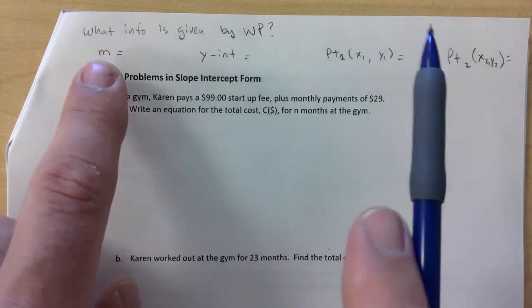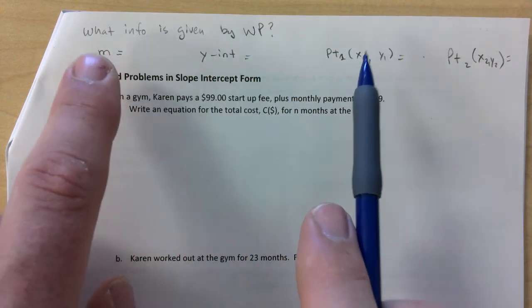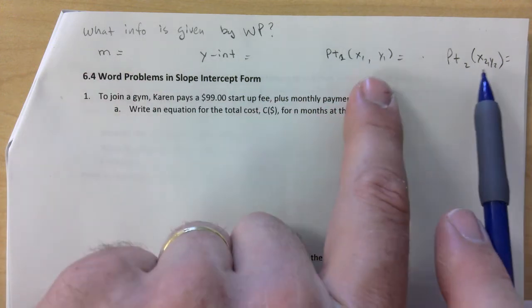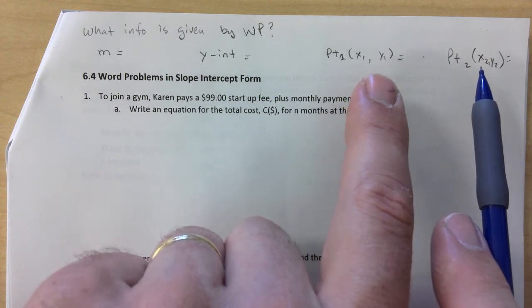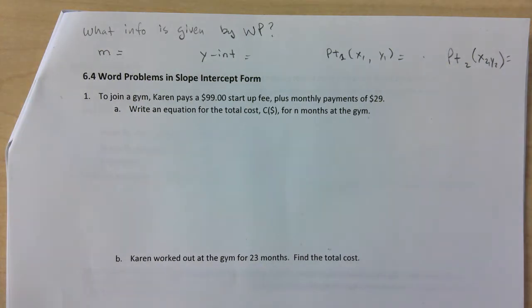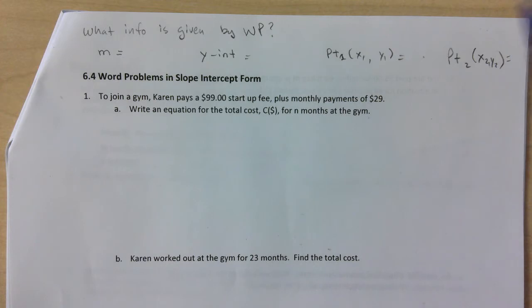They can give you the slope and 1 point, any one of these two, and that would allow you to write the equation. They could simply give you 2 points, and that would also be enough to come up with the equation because you can find a slope. If you have 2 points, you can find a slope. And so if you have 2 out of these 4 things, you can actually write an equation.